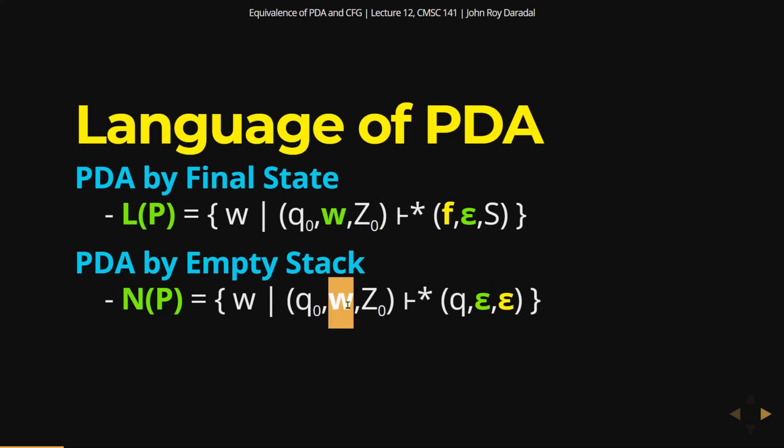From W it became epsilon and the stack contents became empty, epsilon as well. So in this case, literally empty. So that is PDA by empty stack.